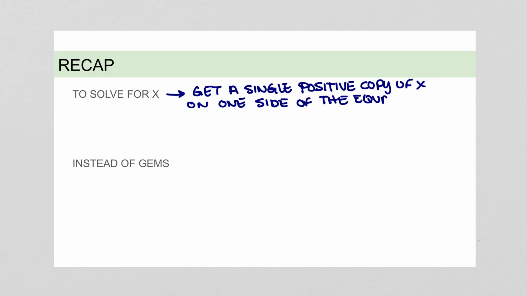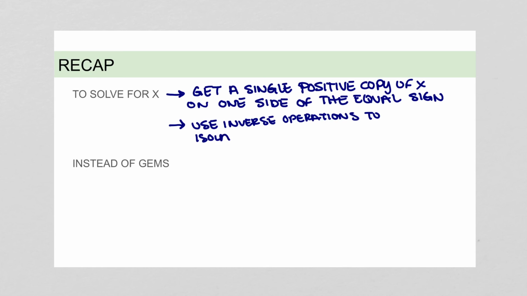It could be an inequality if we were solving inequalities. And to do that, we are going to use inverse operations to isolate the variable. Or I'm just going to call it x right now, but it could be any variable.